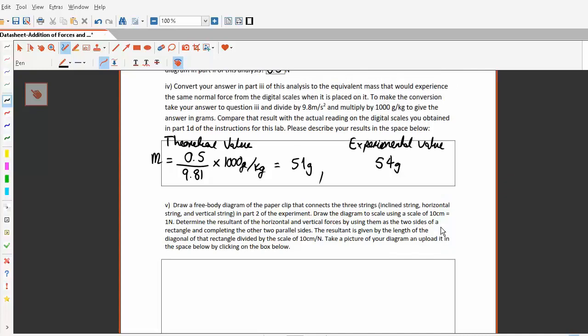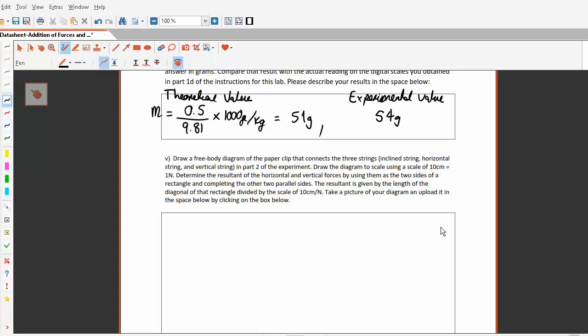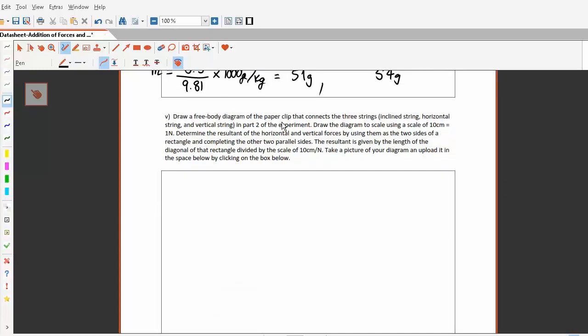Okay, in part 5 we need to draw a free body diagram of the paperclip that connects the 3 strings, the inclined string, the horizontal string and the vertical string, in part 2 of the experiment. So in that case, the paperclip, if we represent that by a particle, a point, there was a downwards force of 1 Newton due to the weight of the water bottle.